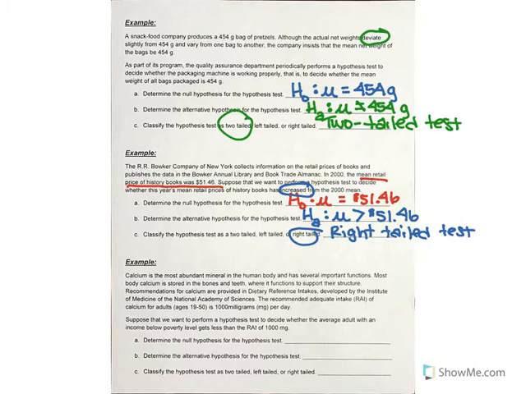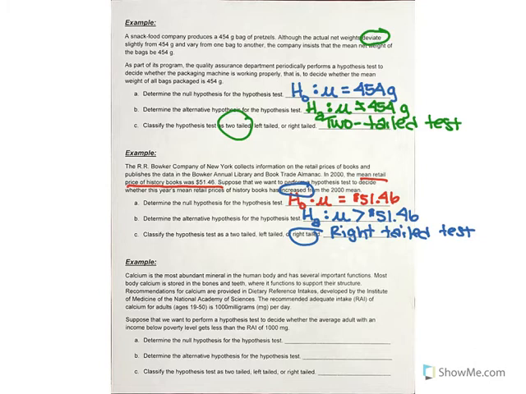The next example, calcium is the most abundant mineral in the human body and has several important functions. Most body calcium is stored in the bones and teeth where it functions to support their structure. Recommendations for calcium are provided in dietary reference intakes developed by the Institute of Medicine of the National Academy of Sciences.